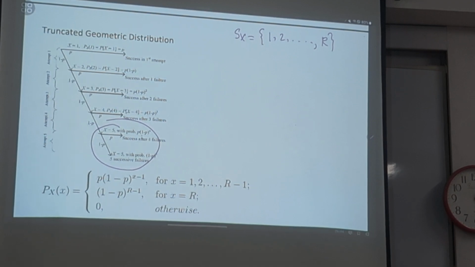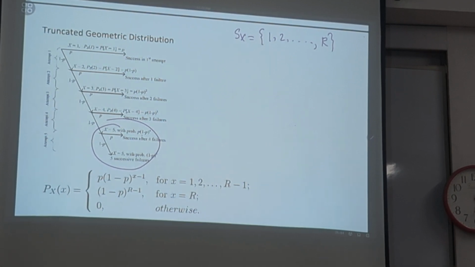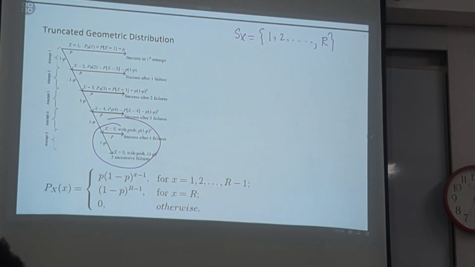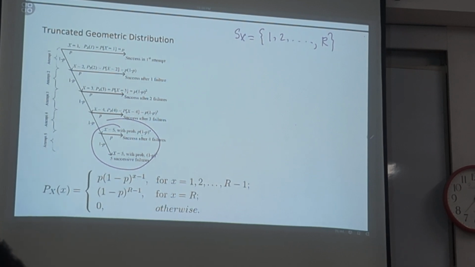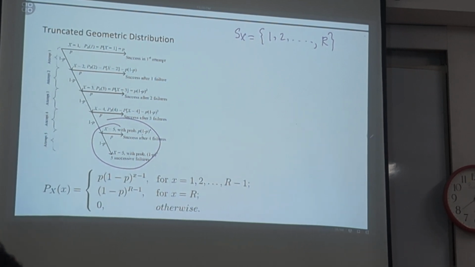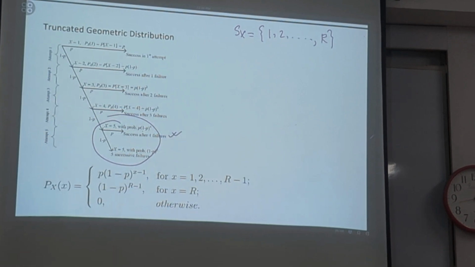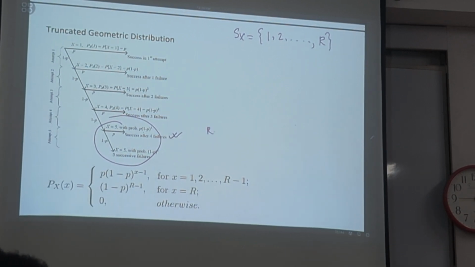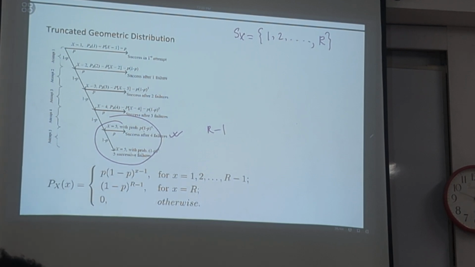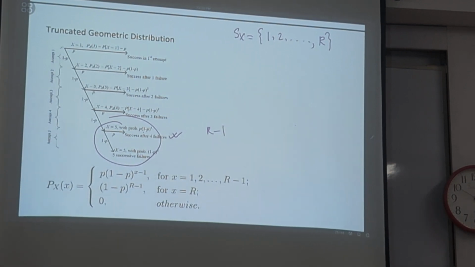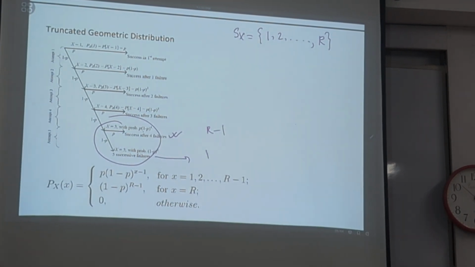After R minus 1 successive failures, the system will try one more time, and if a success occurs, it will end up with a success. So, success after R minus 1 failures, or there will be R successive failures.